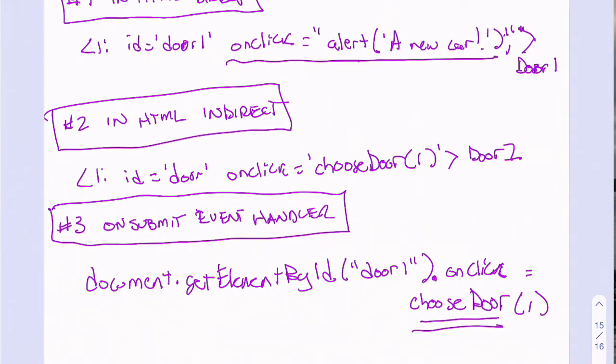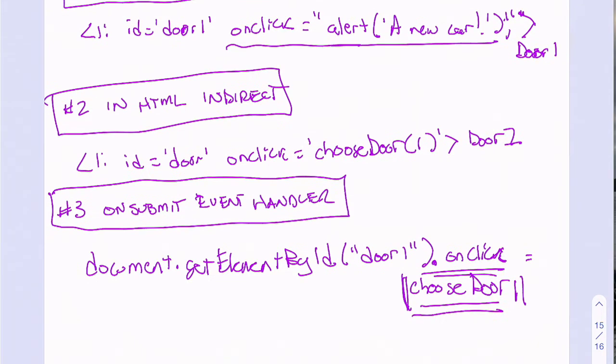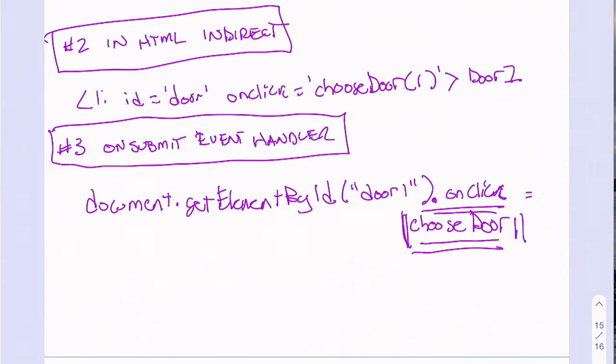That's not good. So what I'm going to do instead is just pass in choose door, and then I'm going to use a technique inside the choose door method to identify which door I'm choosing.